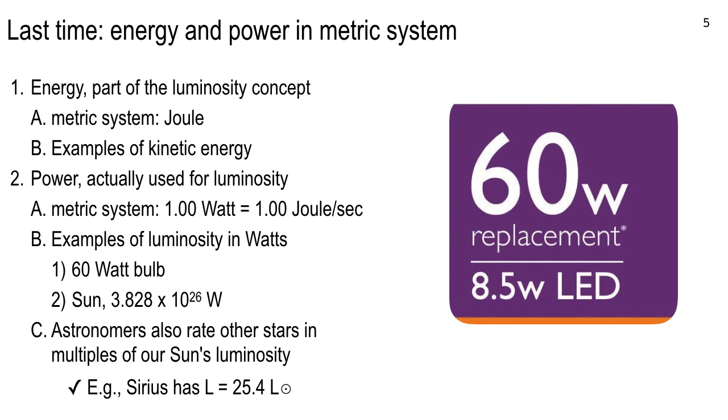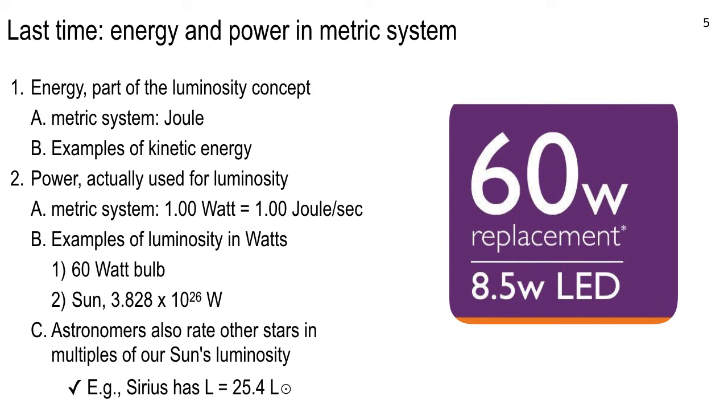Anyway, so that's another unit, and it's just a little bit better because a watt is terrestrial scale. But talking about the luminosity of the sun and rating other stars in terms of the luminosity of the sun is actually pretty good to do because the sun is an average star.